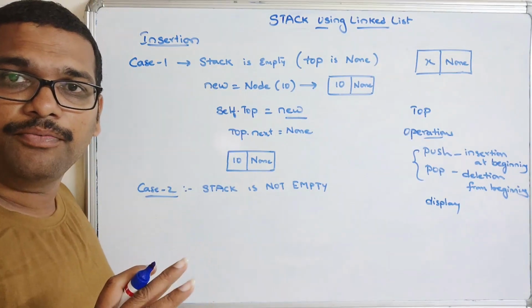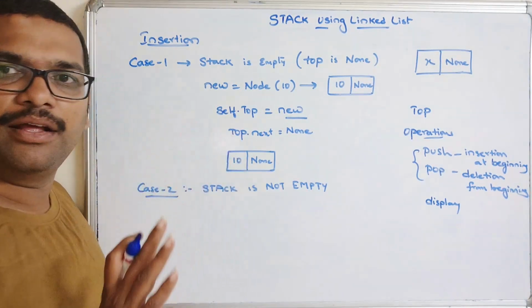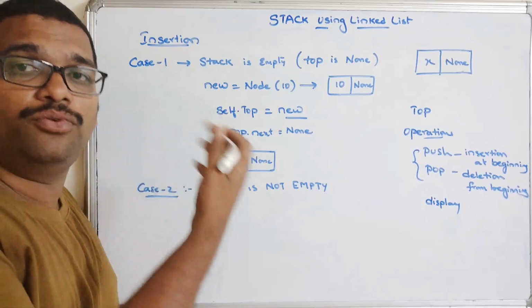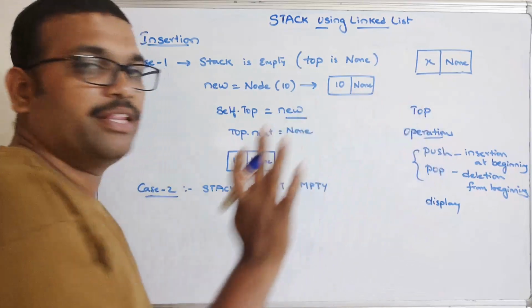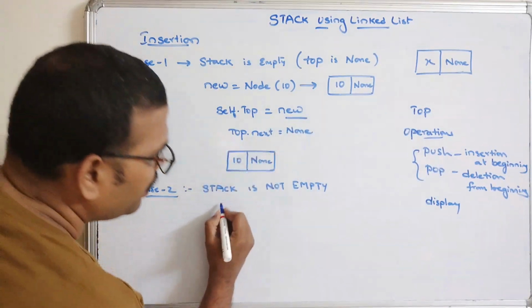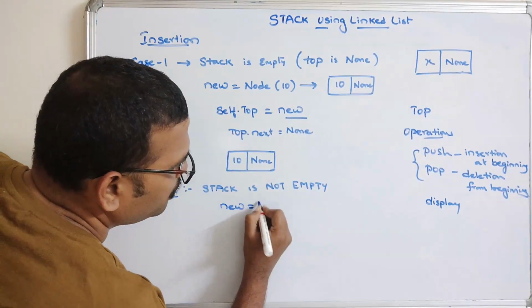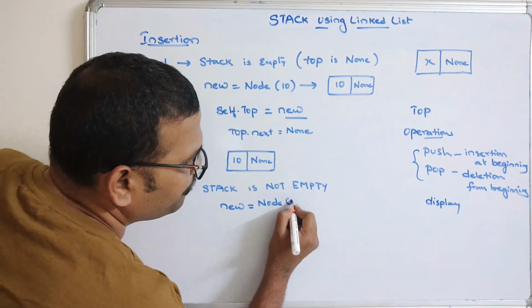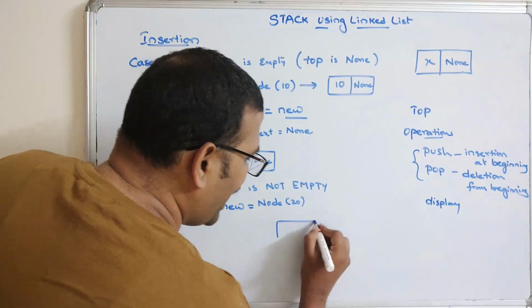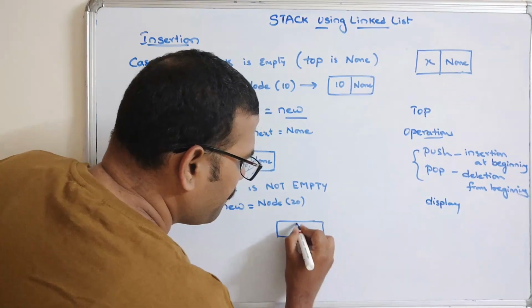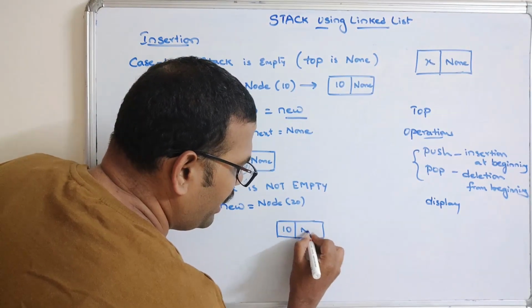Stack is having one element. In such a case we have to add one more element, that means we have to apply the push operation. So here let us take new is equal to Node of 20, right? Already the stack is having 10 and None.